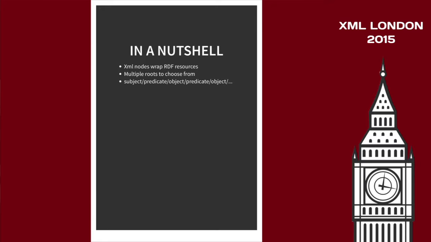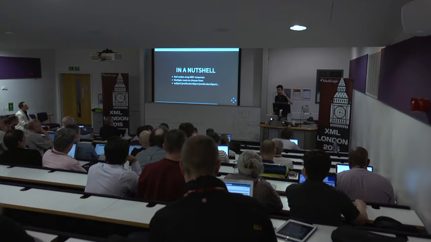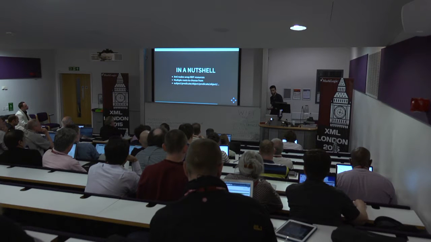form looks like. Each XML node wraps an RDF resource, which seems a reasonable thing. The first difference is that, of course, you can start reflecting from multiple roots, because the RDF graph is non-rooted, so you don't have a standard concept of a root.